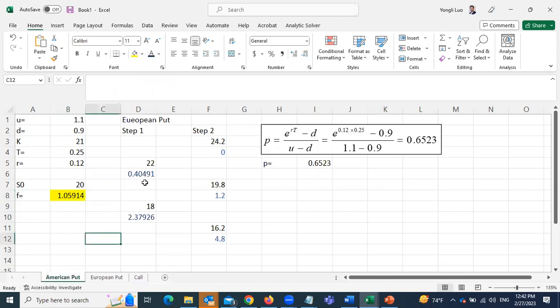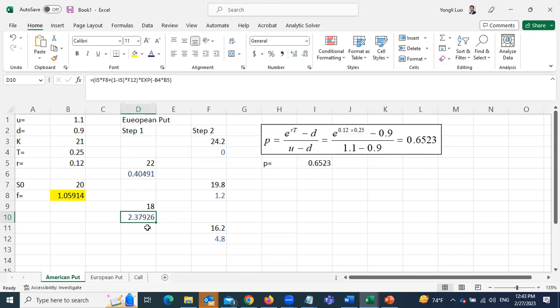Okay, American put option, remember, so what will be the difference is that here you can see this is 2.379, right?